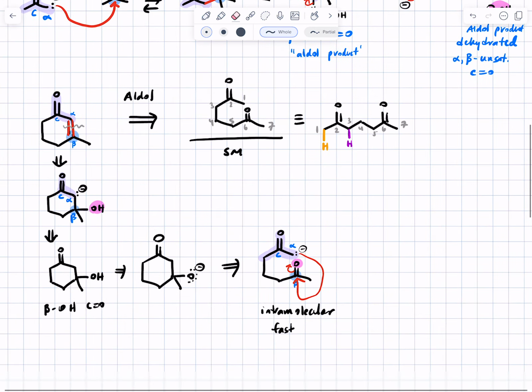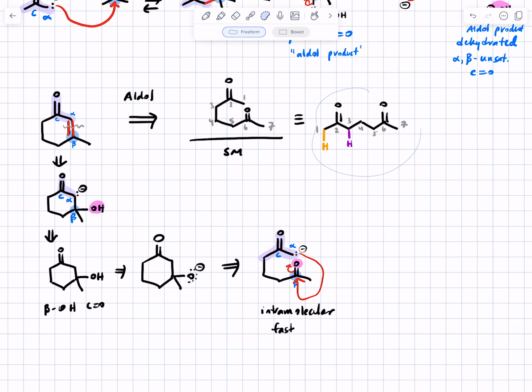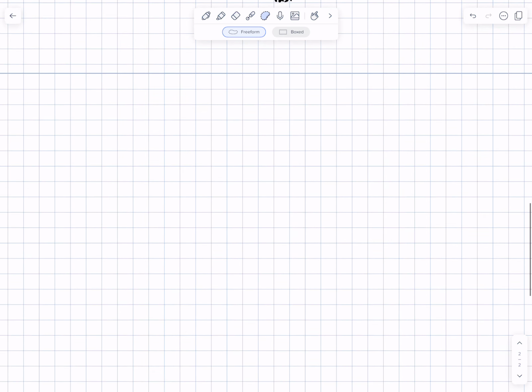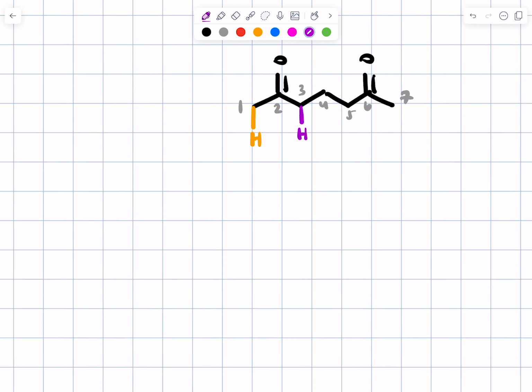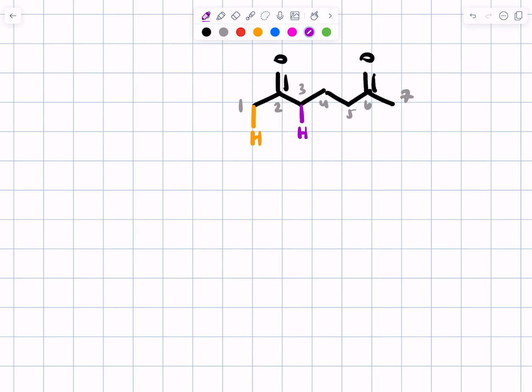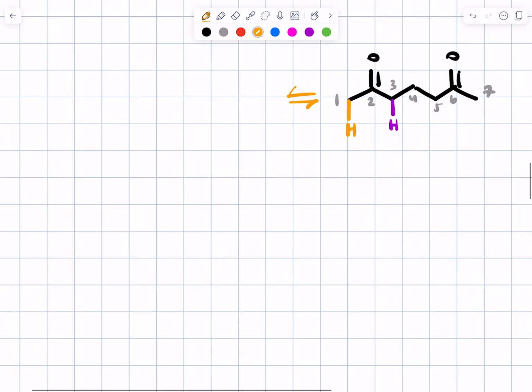So I want you to think through, and I'm going to copy this down because we're going to consider this possibility and we need a little bit more space. You've seen the product that comes from removing the orange alpha proton. I'll just draw that enolate one more time.